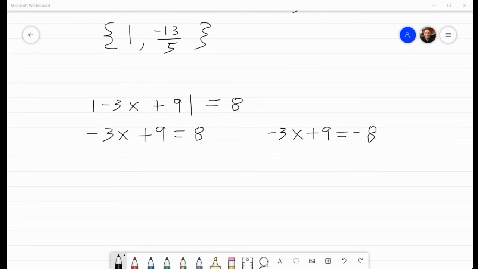For the first one, we want to get x all alone, so we want the 9 out of there. Since it's being added, we do the opposite. We subtract. The 9's cancel, and we get minus 3 times x is minus 1.